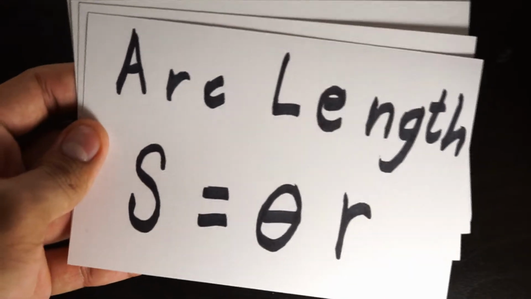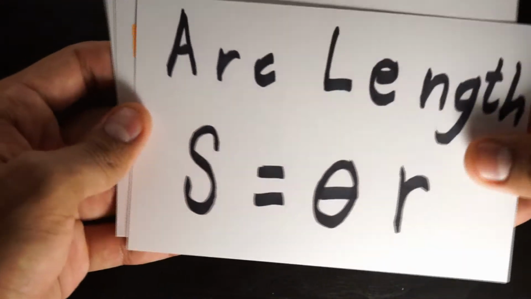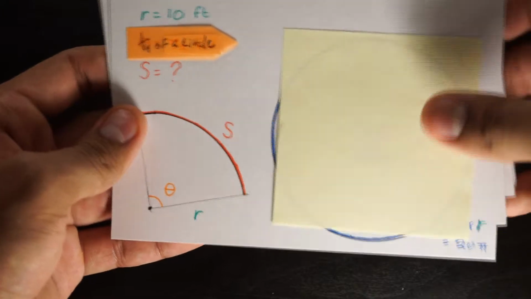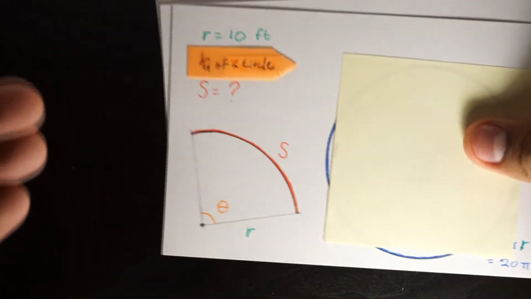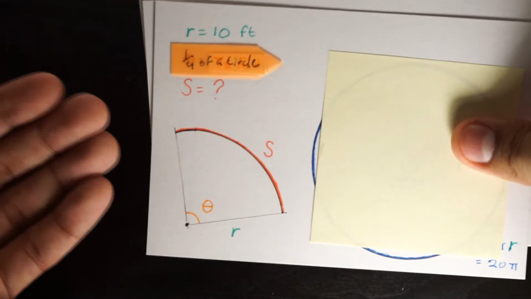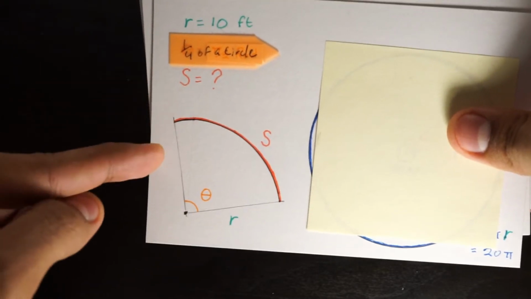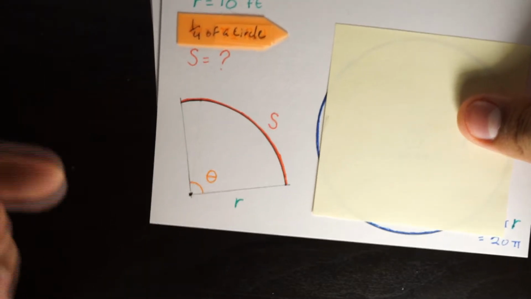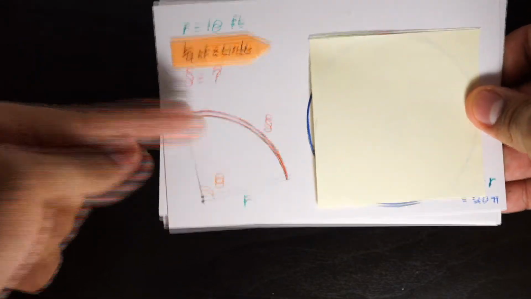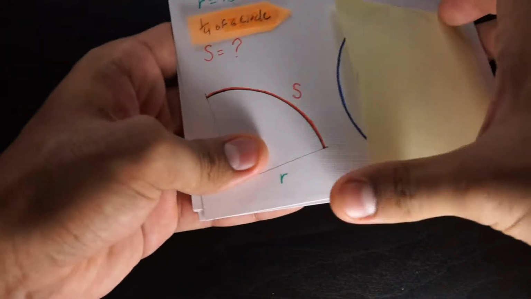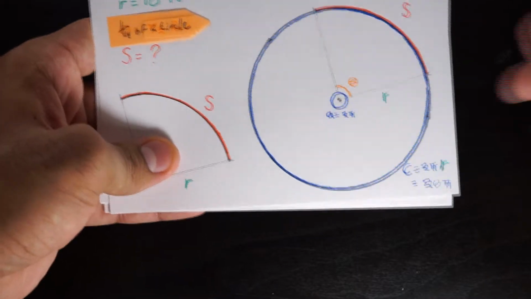Now, finally on to the arc length. Let's say we have an arc that we know is 1/4 of a circle. We know that its radius is 10 feet, but we want to find out the arc length. Knowing that this arc is 1/4 of a circle actually helps us if we look at an entire circle.